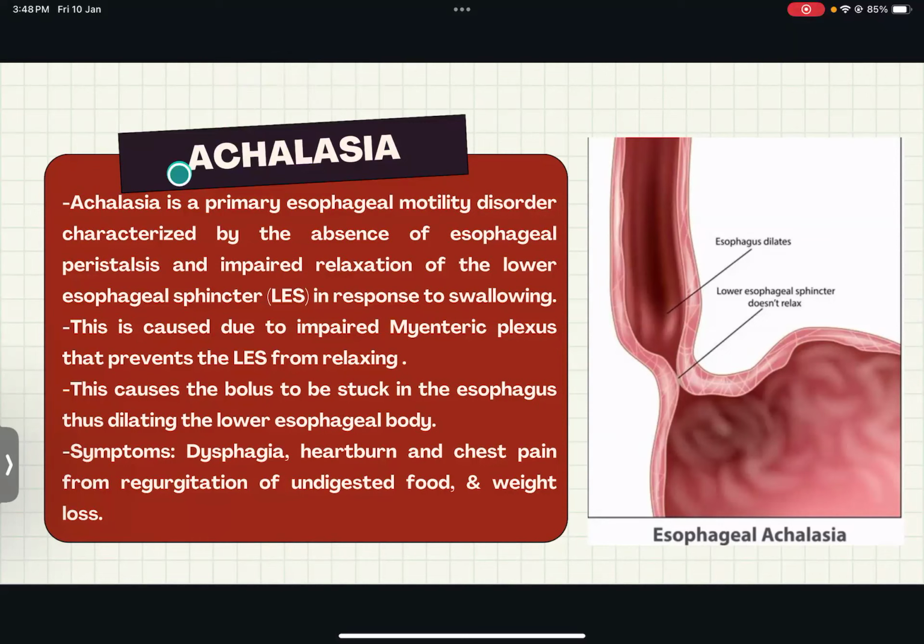Remember, we mentioned mesenteric plexus before. This is a case where degeneration of the mesenteric plexus happens, and so it won't be able to send neurotransmitters for the muscles to relax. So it stays contracted.